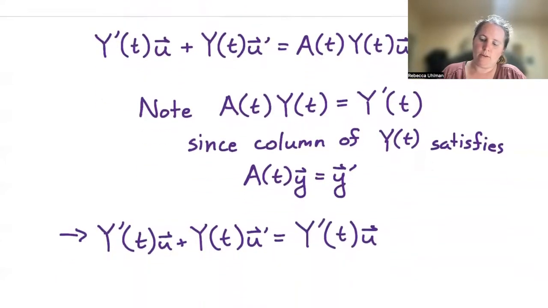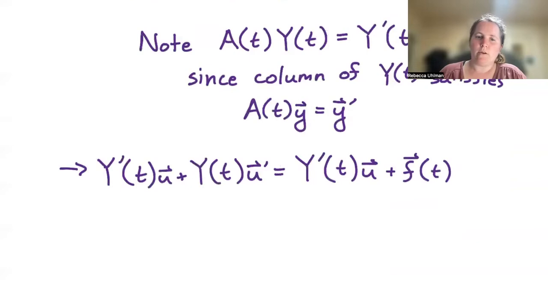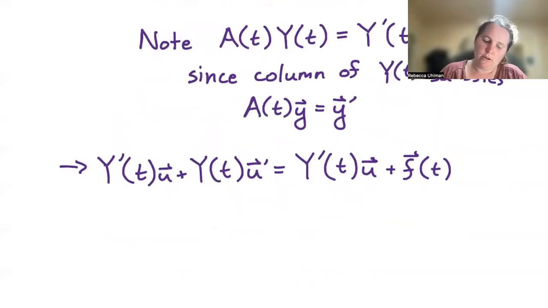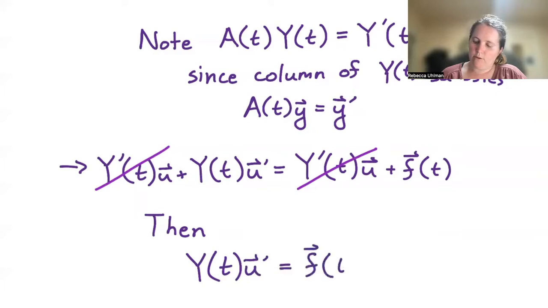And then we have plus f of t. So we can go ahead and cancel out our Y prime of t times u's. And we get then that Y of t times u prime is equal to the vector function f of t.